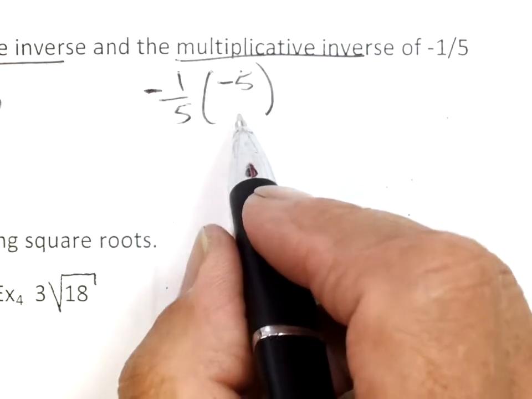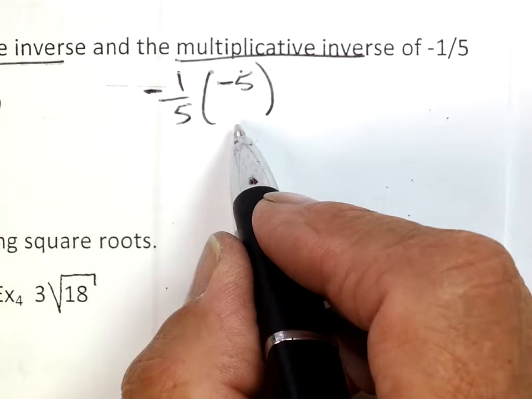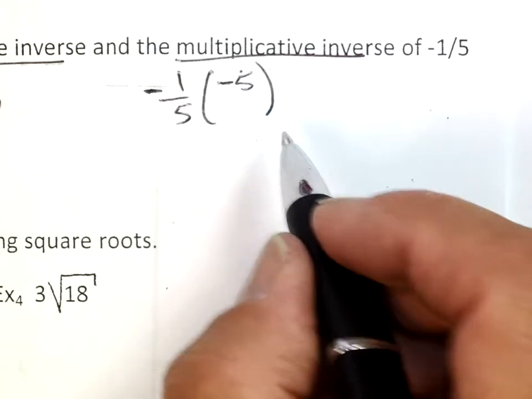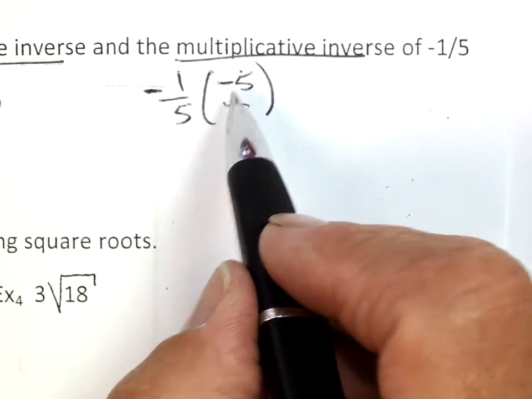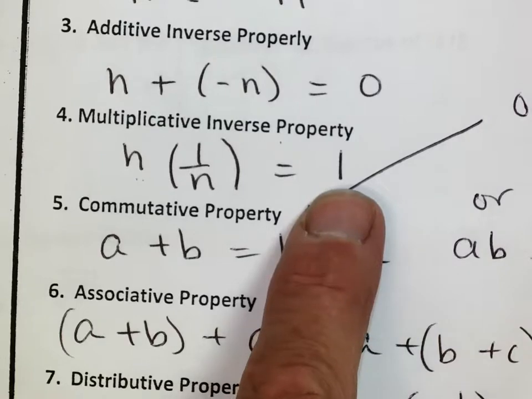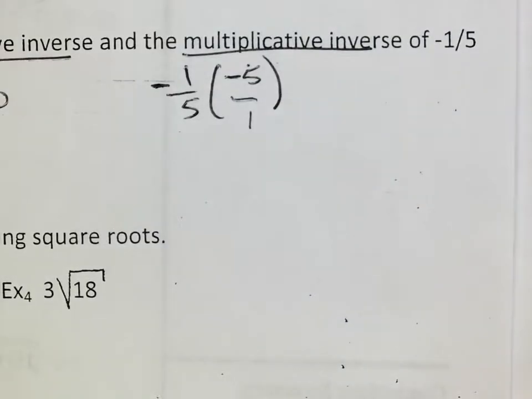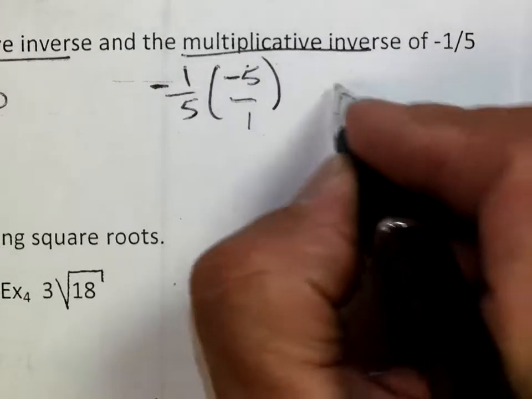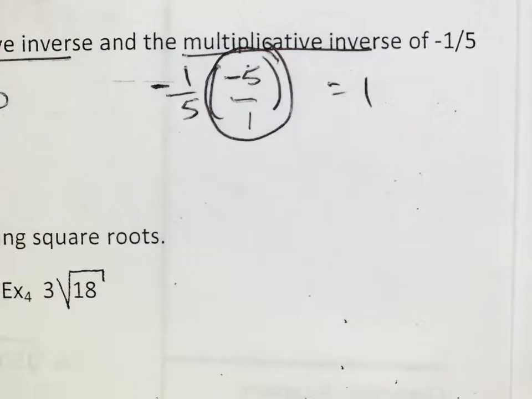Why does it have to be negative? Why do I have to make it negative 5? Why does it absolutely have to be negative 5? Why not just regular 5? Well, what's it supposed to equal? 1. If you don't have the negative there, it won't equal 1, will it? So it's reciprocal, and it does equal 1, so the multiplicative inverse is the negative 5 over 1.